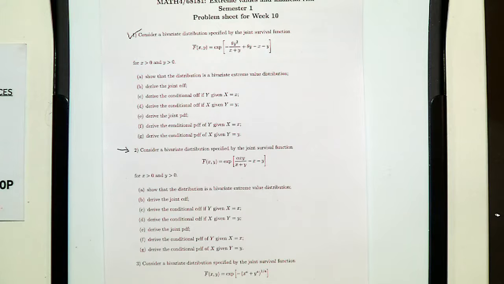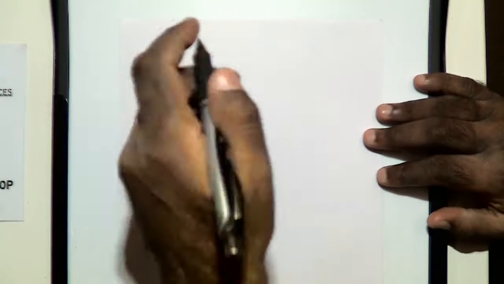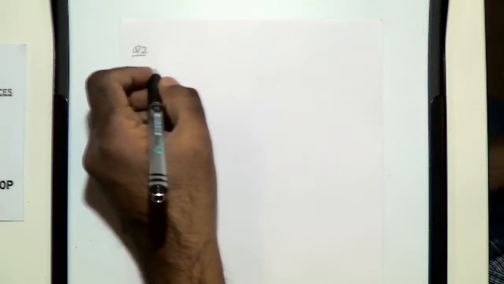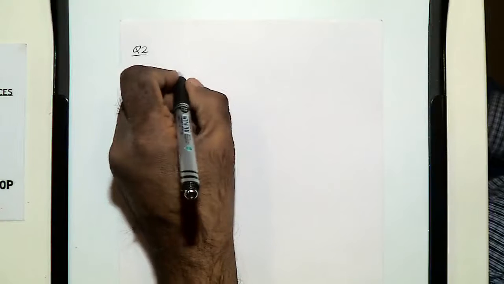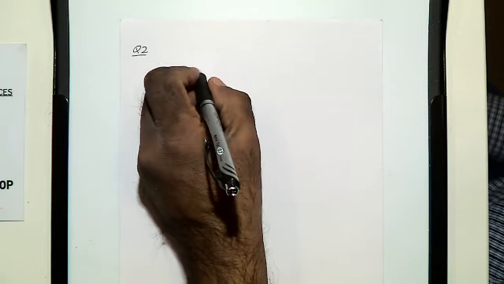Alright guys, if you haven't done it, let me show you how to do question 2. I think I did question 1 as part of one of the videos. So this is question number 2. You should say G bar, not F bar, that's a mistake.